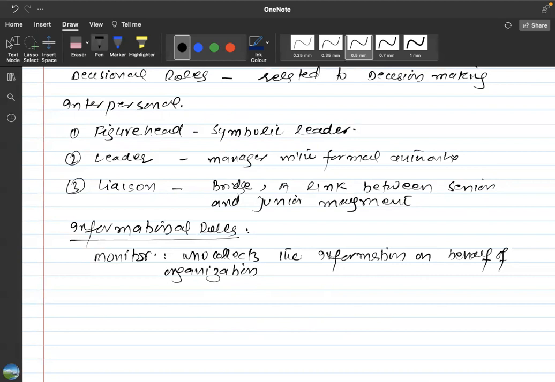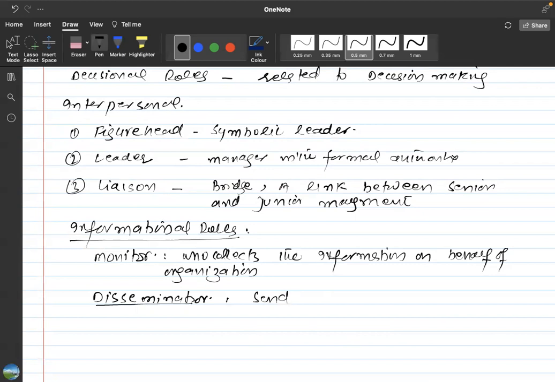For example, a market researcher. Then we have disseminator, the person who sends this information to the relevant department.